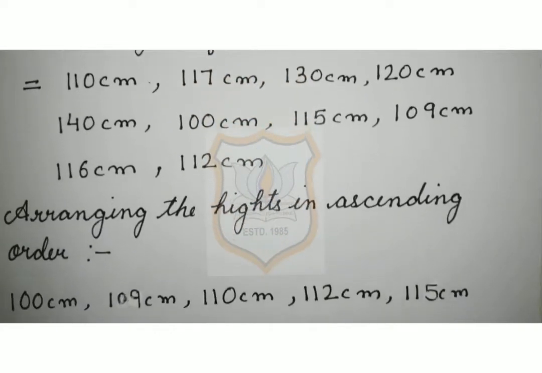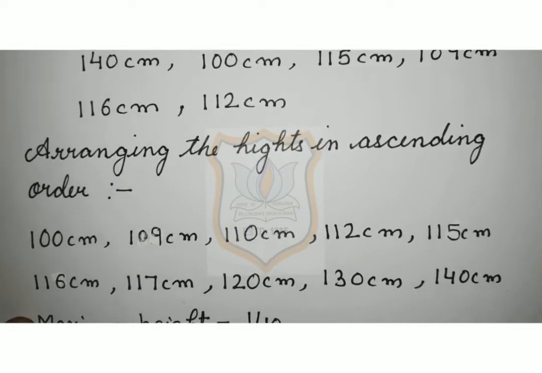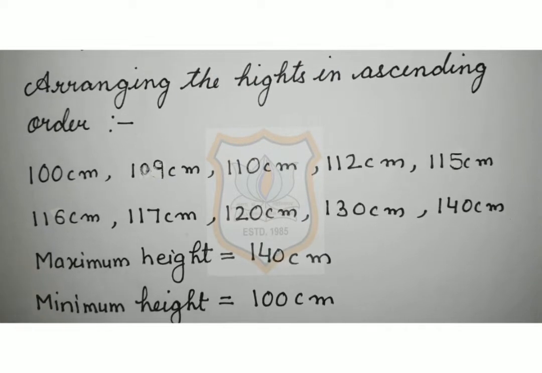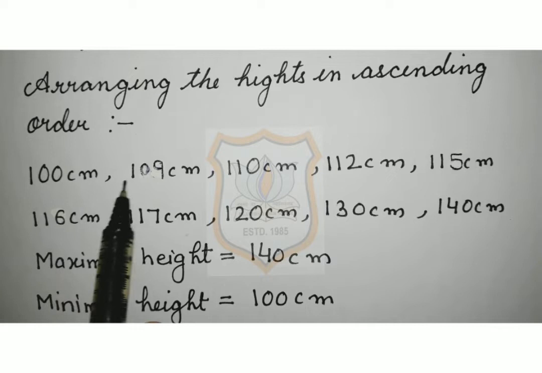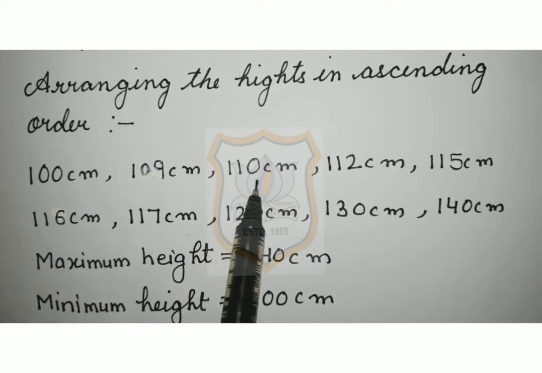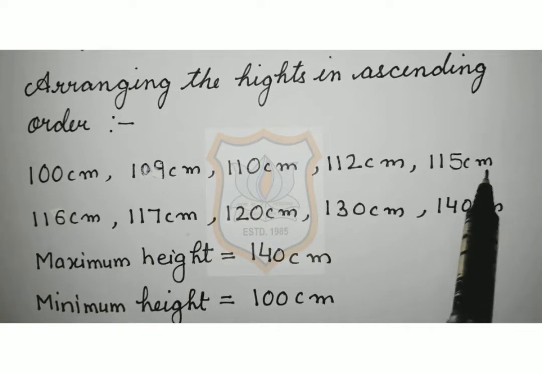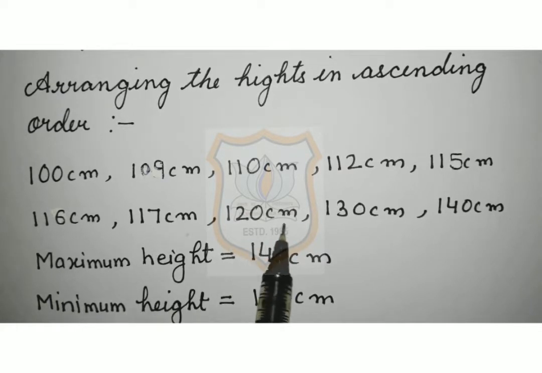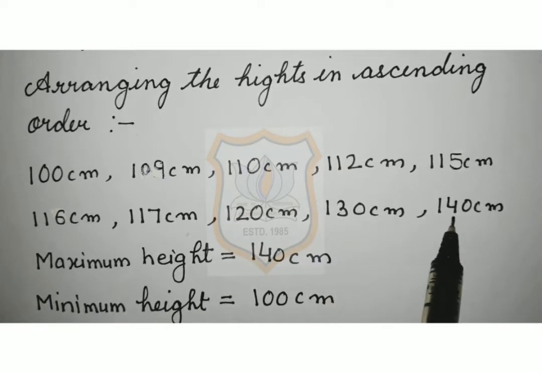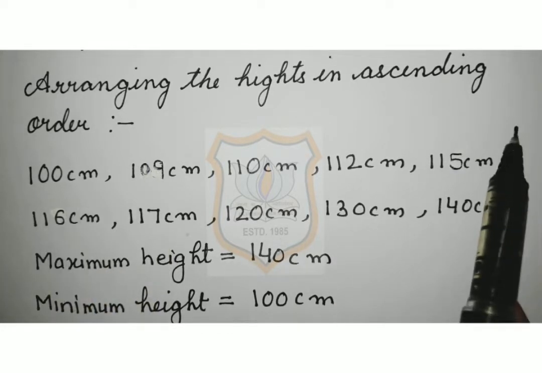Now I have arranged the heights in ascending order. Ascending order means from small to big. That is 100, then 109 centimeter, 110, 112, 115 centimeter, 116 centimeter, 117 centimeter, 120 centimeter, 130 centimeter, 140 centimeter. So I have arranged them in ascending order.